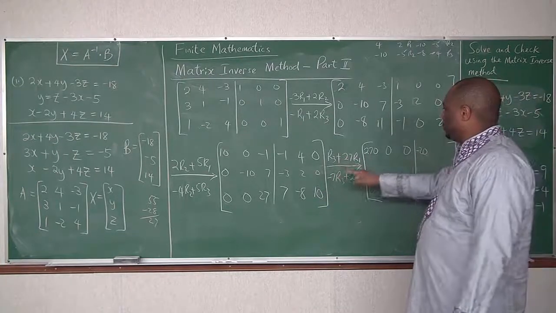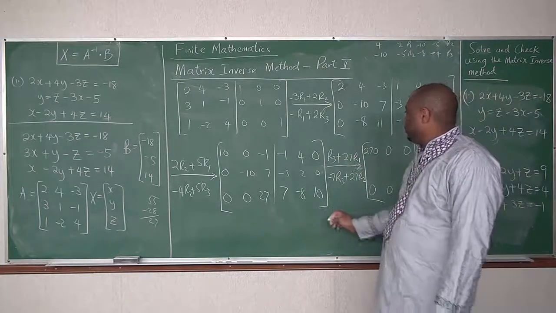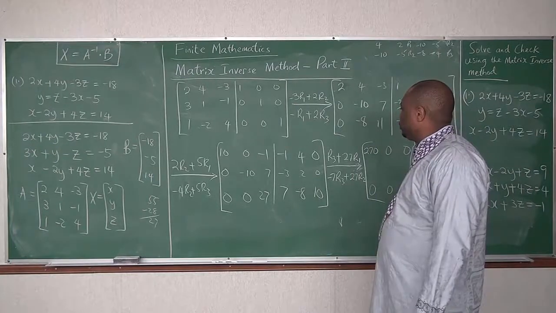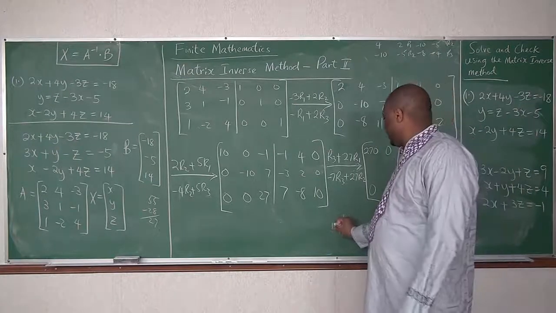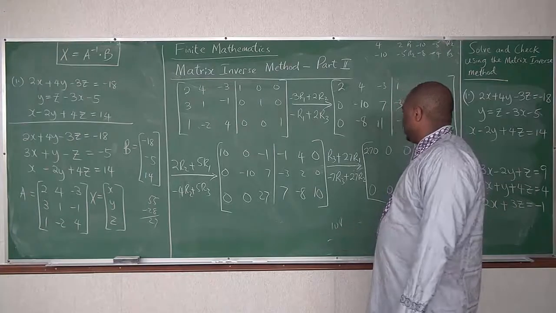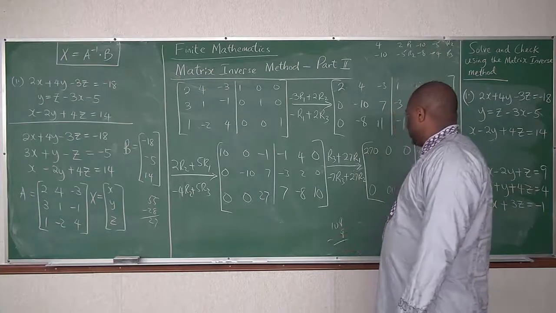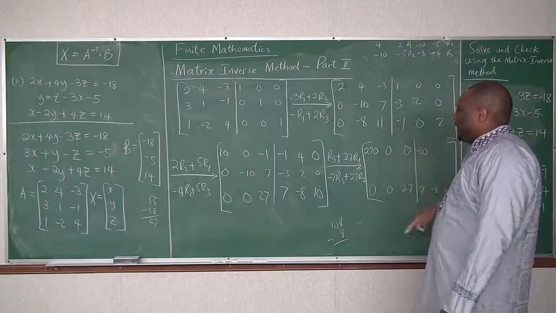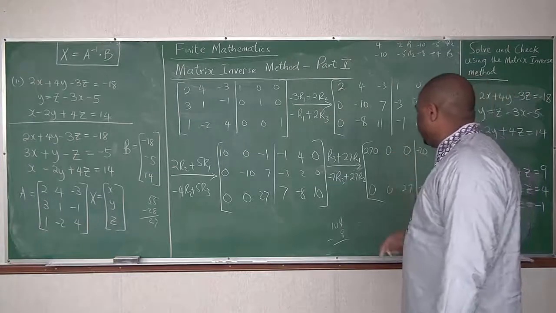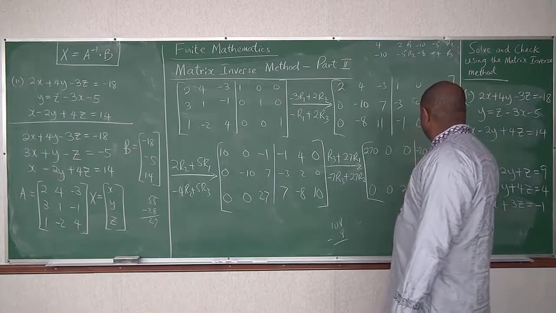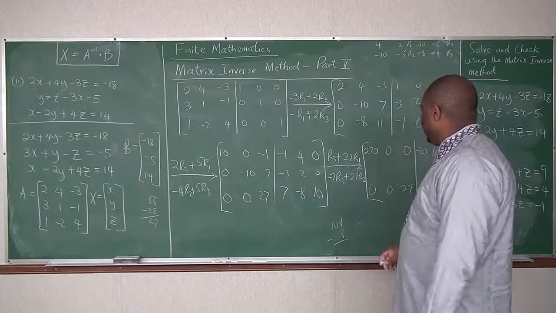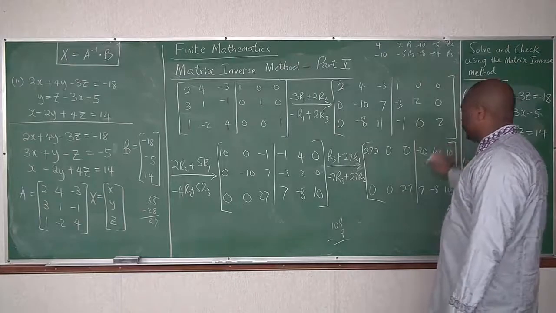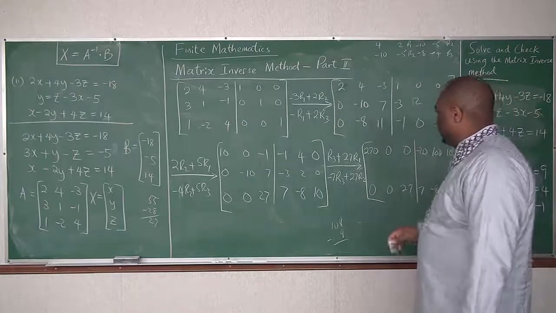Minus 8 plus 27 times 4. 4 times 7 is 28. 8 carry 2. 4 times 2 is 8 plus 2, 10. Minus 8. Right? Minus 8 plus 108 is 100. 100. Then 10 plus 0 is 10.